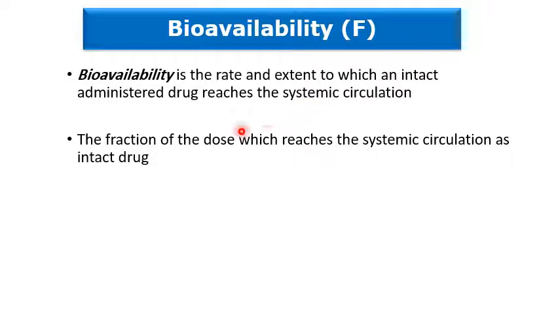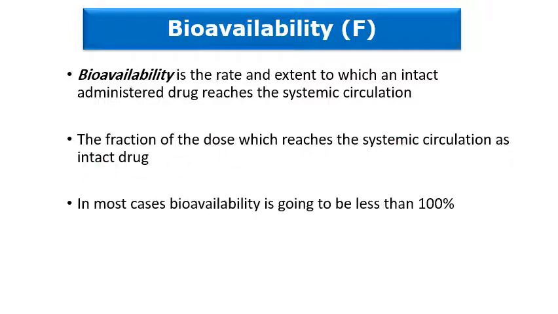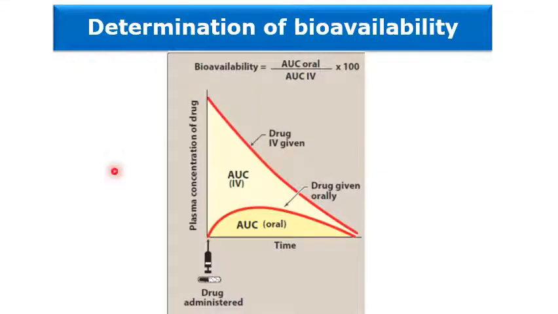It can also be defined as the fraction of the dose which reaches the systemic circulation as intact drug. For most cases, bioavailability is going to be less than 100%, except for IV administration, where the bioavailability of a drug is always 100%.